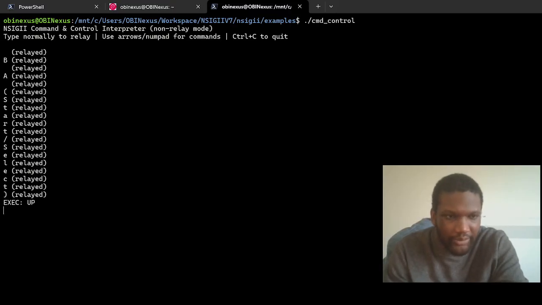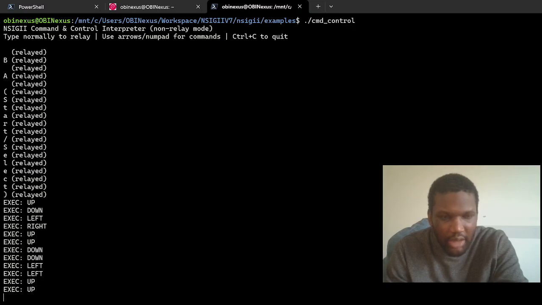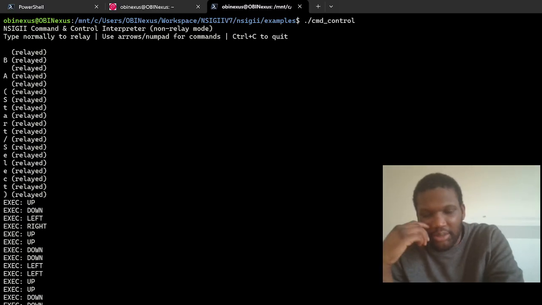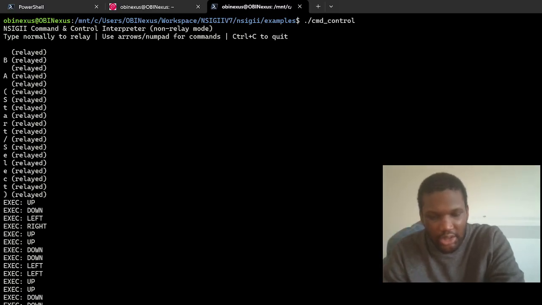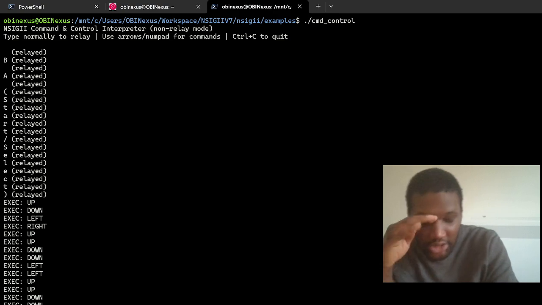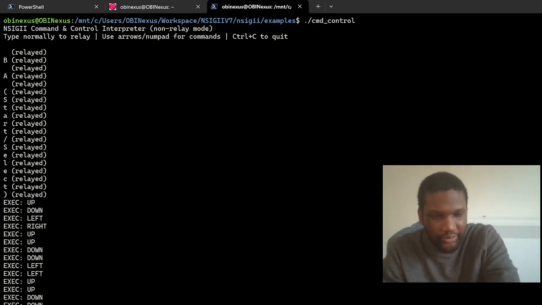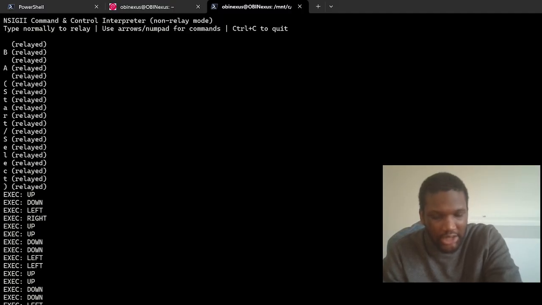So you press up, down, left, right, up, down, left, right, up, down, left, right, B, A, start. Now start can be shift and enter. Select means you press enter; start, you press shift and enter.